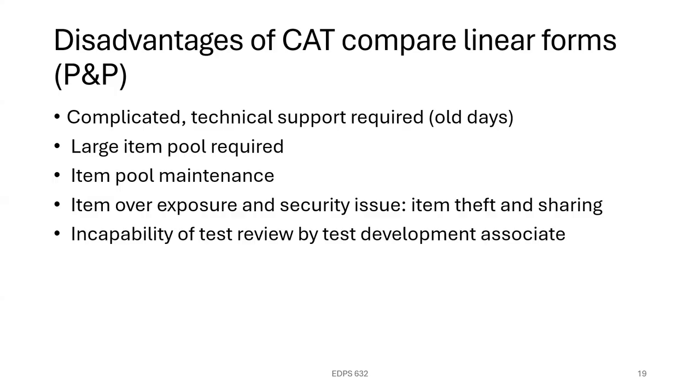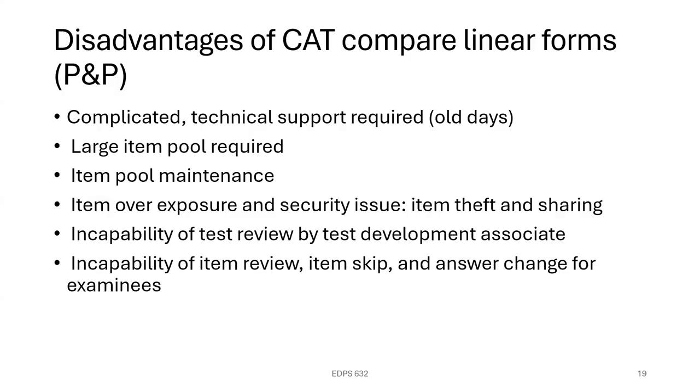And then, in some exams nowadays, some CATs will not allow the student to change the answer. So if you answer and turn to the next, you cannot go back. Then there are so many new developments. And actually, in our current research, we should let students change anything before they turn in the examination.